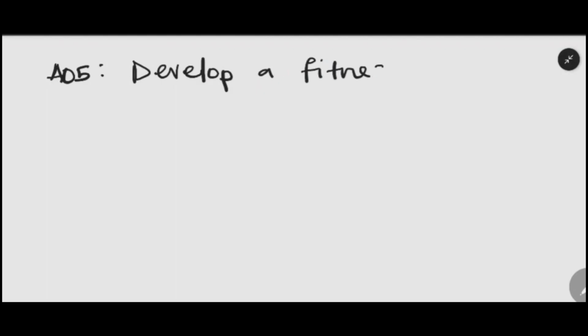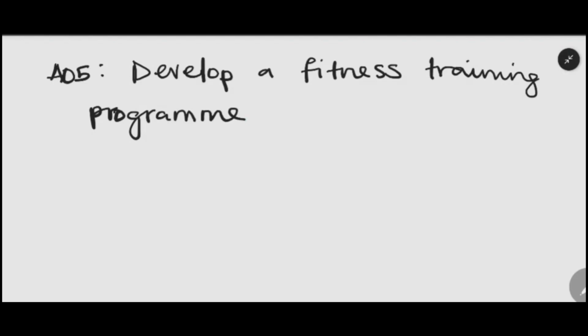And finally, AO5, which is the ability to develop a fitness training program.